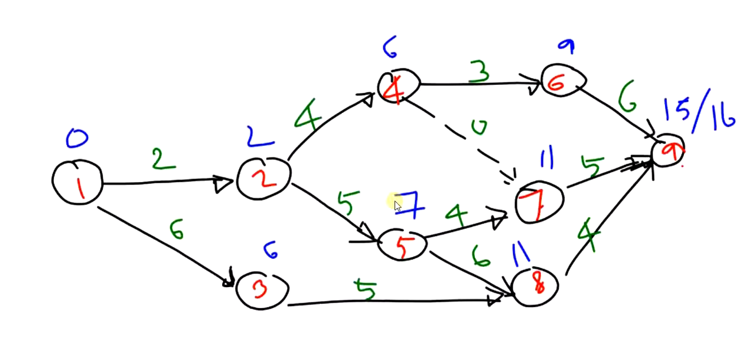And for 8, there is one more path, that is 1, 2, 5, 8. So from there also we'll get one more value for the TE of 8. What will be that? For that, 7 plus 6 equal to 13.